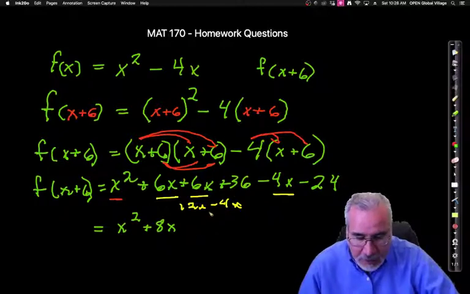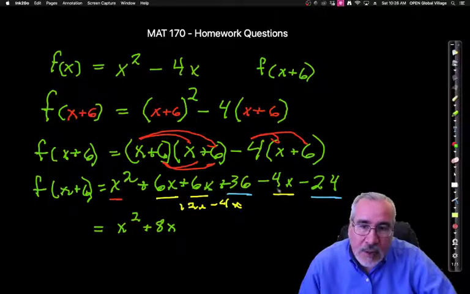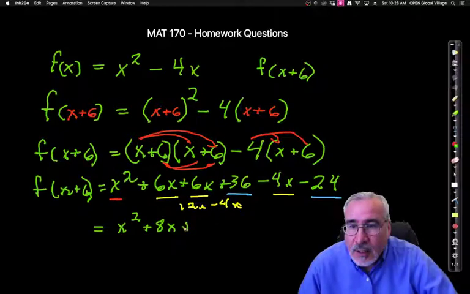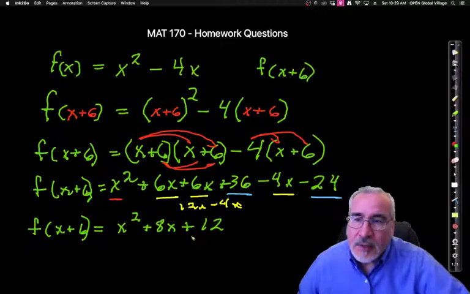Then finally we've got the numbers that are like terms, a positive 36 and -24. We're subtracting, with opposite signs. 36 is bigger, so it's going to be positive. 2 from 3 is 1, 4 from 6 is 2, so that must be 12. And so this is our final answer: f of x plus 6 equals x squared plus 8x plus 12.